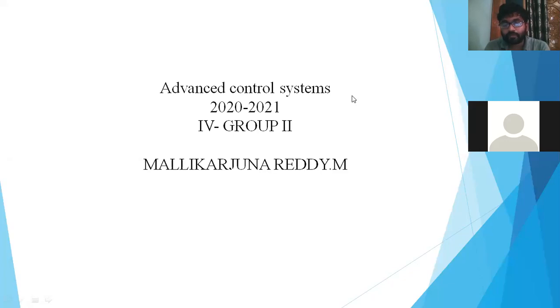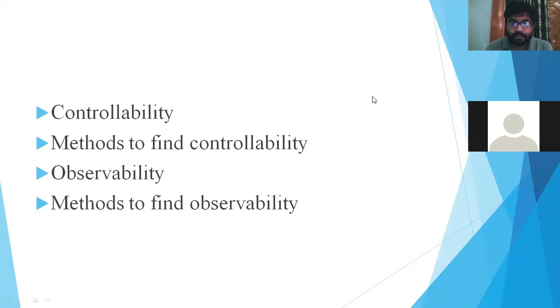Now, with the knowledge of what we have learned in the first chapter, we are going to analyze real-time systems, not just the systems given. So that is about the second chapter. In the second chapter, let us first concentrate on the two important aspects of the system, that is controllability and observability.